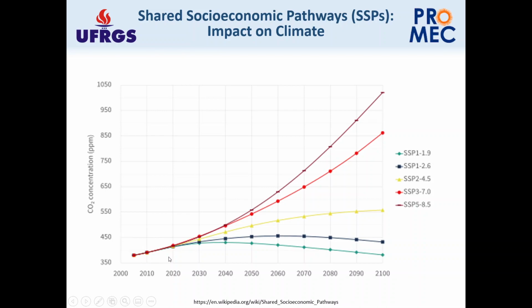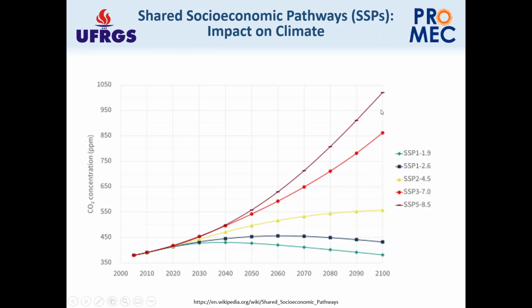For example, in 2020, we are somewhere around 410 to 420 parts per million of CO2 in the atmosphere, and this is expected to vary.